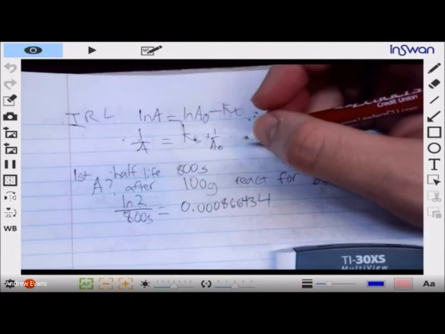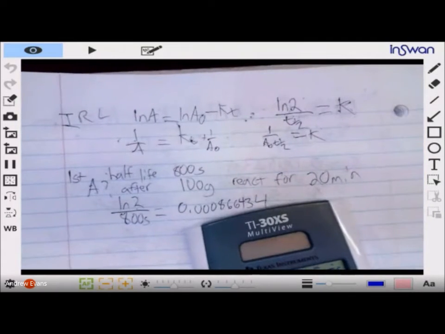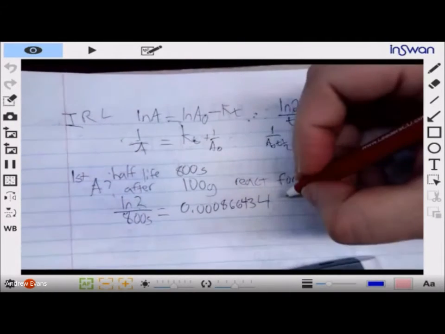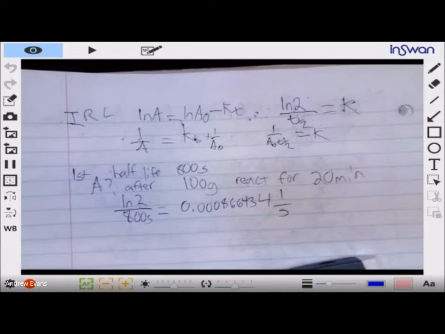Now, we have to turn our 20 minutes into seconds because k is in units of 1 over seconds. So 20 times 60 is going to be 1,200 seconds.